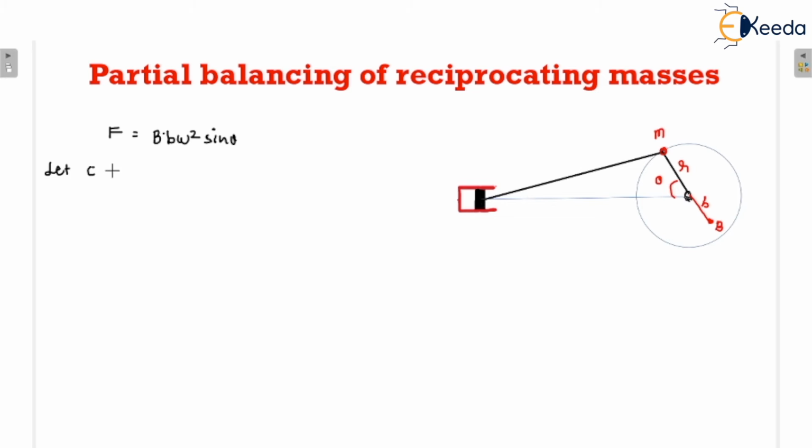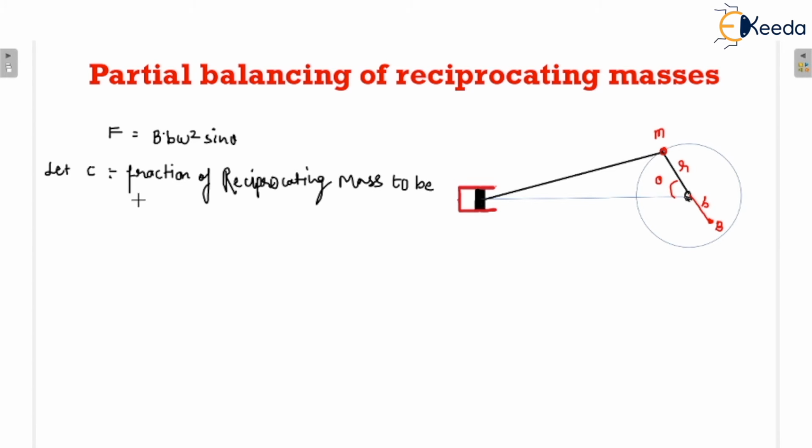Because we are doing partial balancing, we have to assume that c is a fraction of the reciprocating mass which is to be balanced.